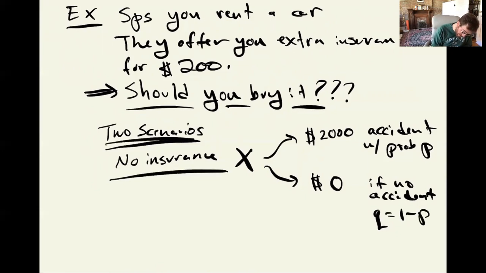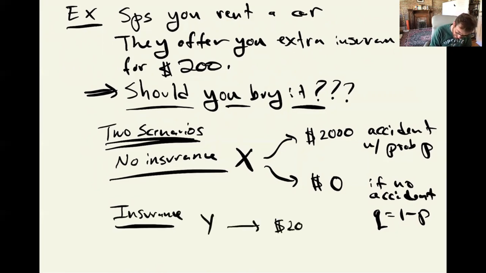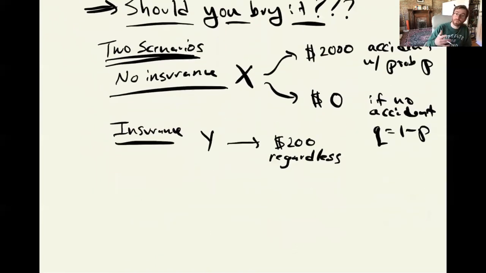The other one is where you buy the insurance, Y. And what that means is you pay $200 regardless. And so the only way to understand whether or not insurance is worth it is you need to compute the expectations of these two random variables.